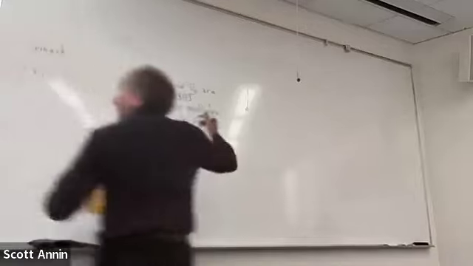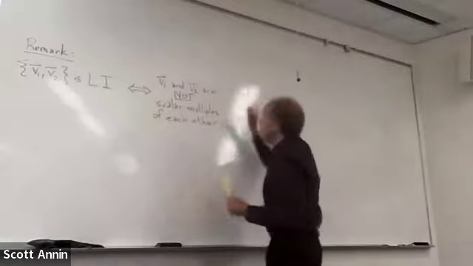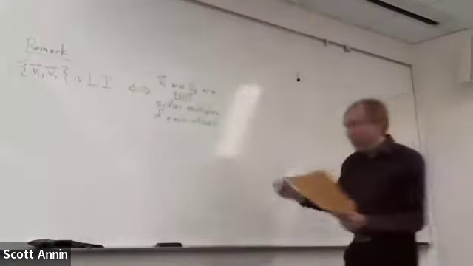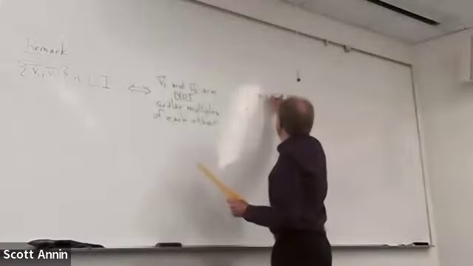Let's do one more. Let me come over here. We'll do one more and then I'm going to let you guys practice. We've got some group work today. Let's take V to be R3 this time.